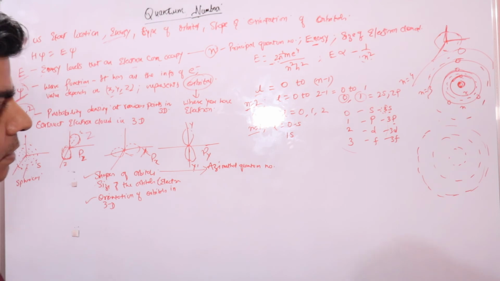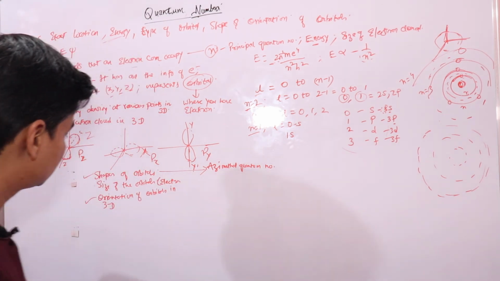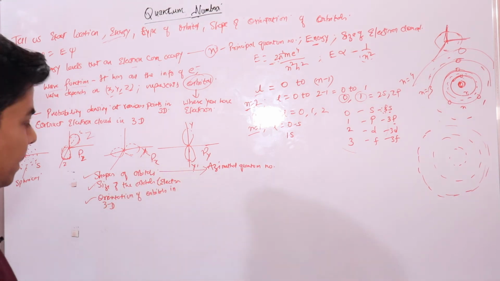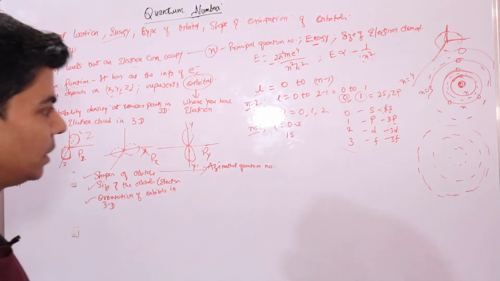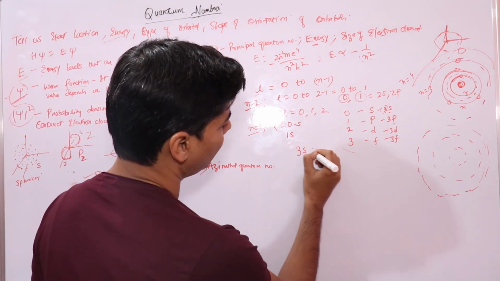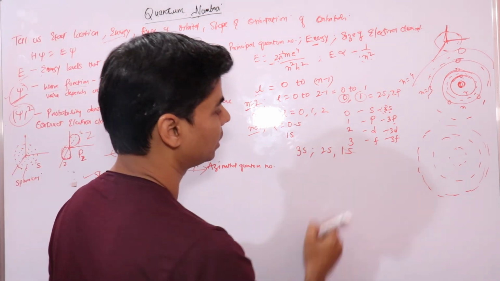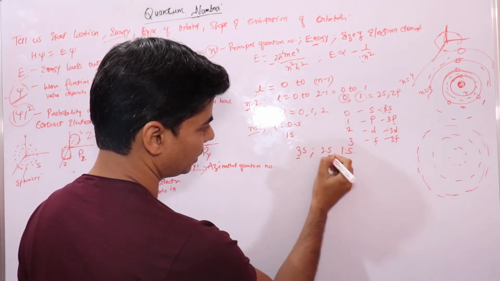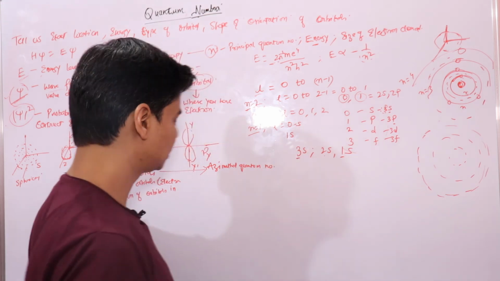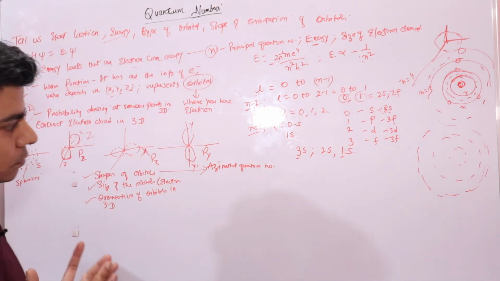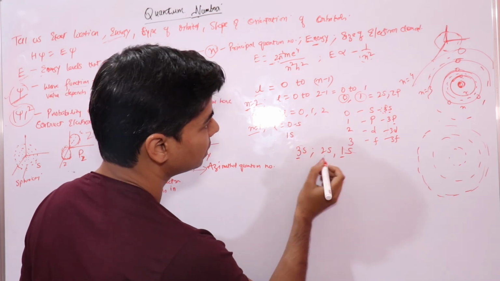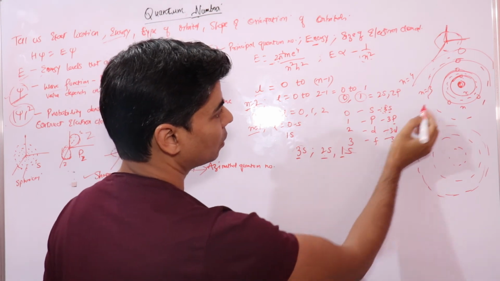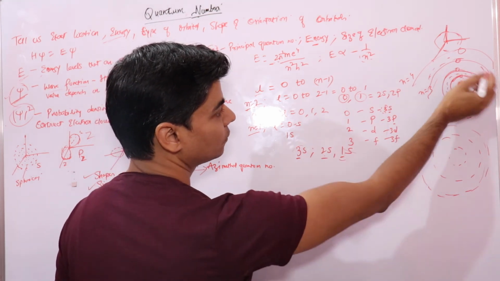We said that n tells us the size of the orbital. How does it tell us the size? Take the 3s orbital, 2s orbital, and 1s orbital. Which one has the bigger cloud? 3s, because the 3s orbital belongs to the third energy shell, 2s belongs to the second energy shell, 1s belongs to the first energy shell.